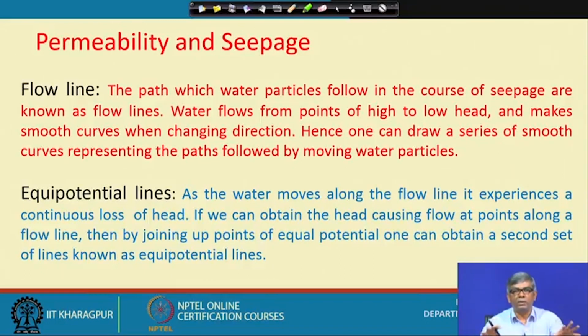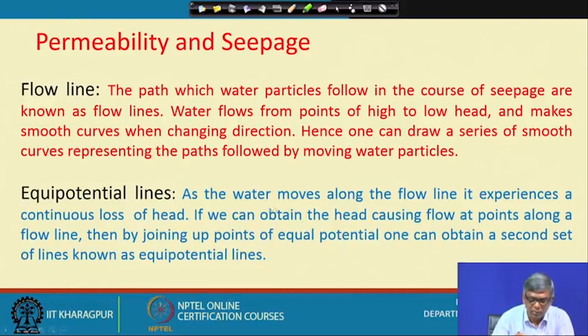Below the water body or earth retaining structure, below which water is flowing, if I can draw the head or potential at different points, and finally join the points of equal potential, then I will get the equipotential line. So, the definition of an equipotential line is the line joining the points of equal potential.